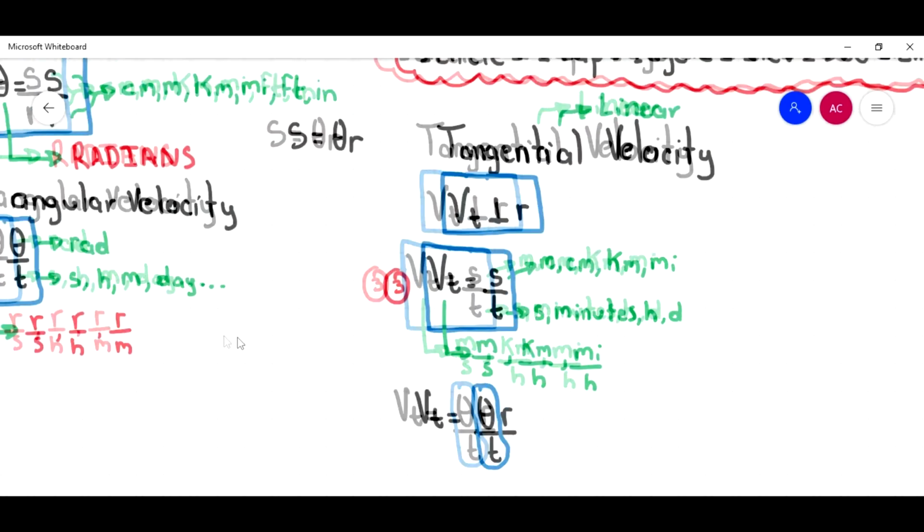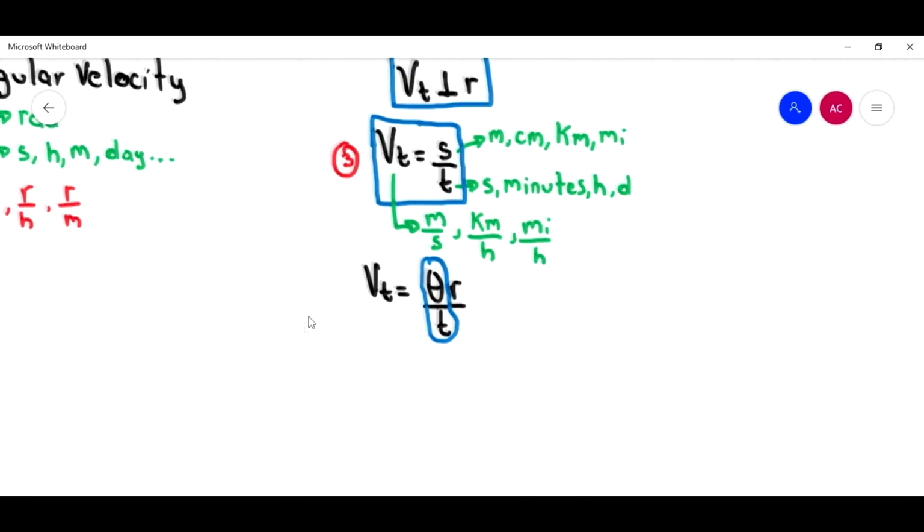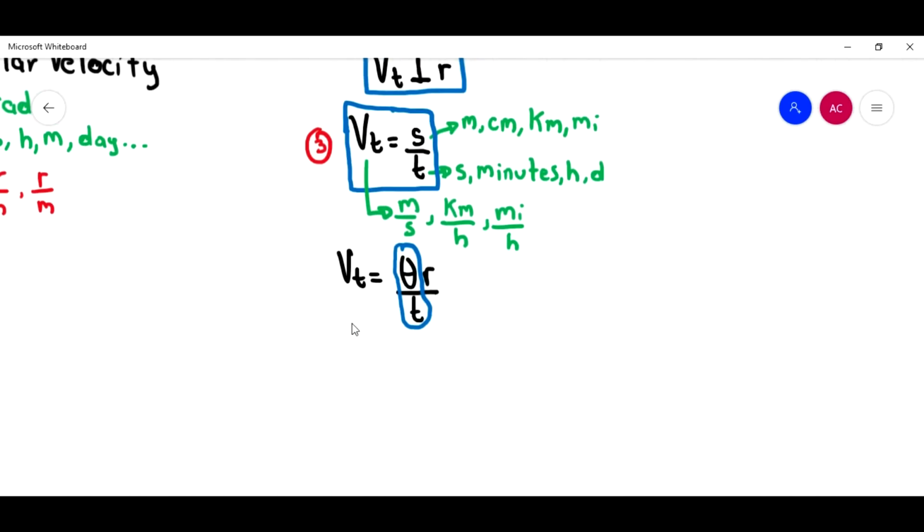Angular displacement over time equals the angular velocity. So the other equation that we are going to use for tangential velocity, and it is really one of the most important that we are going to use on this topic, is that one: tangential velocity equals the angular velocity multiplied by the radius. I'm going to circle this equation.